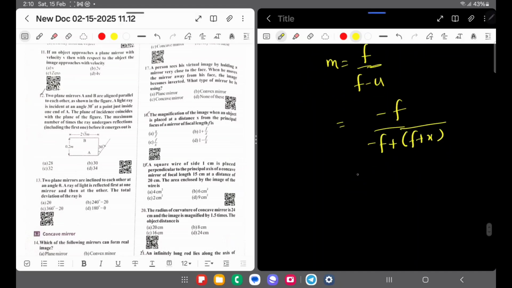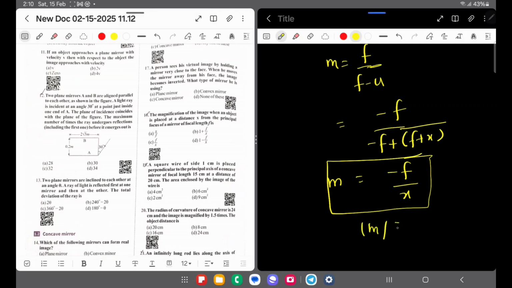If I simplify this, I will get minus f by x. So, the magnitude is f by x, and option C should be the answer.